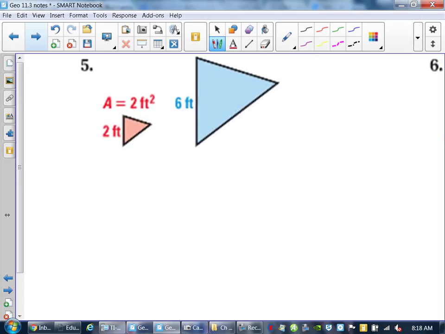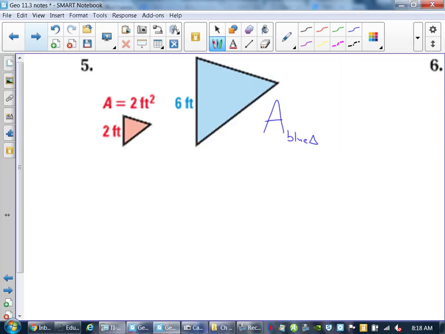I'm going to be able to figure out what the area of the blue triangle is by using ratios. So they're giving you two side lengths, and they're giving you one of the ratios. So one of the triangles has a side length of 2, the other one has a side length of 6.